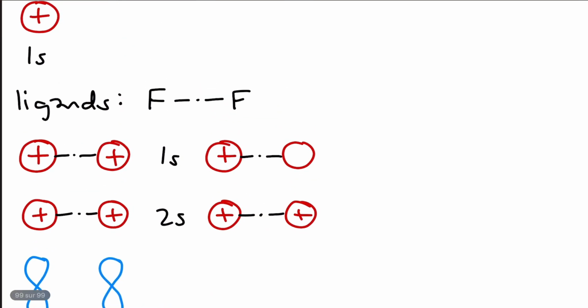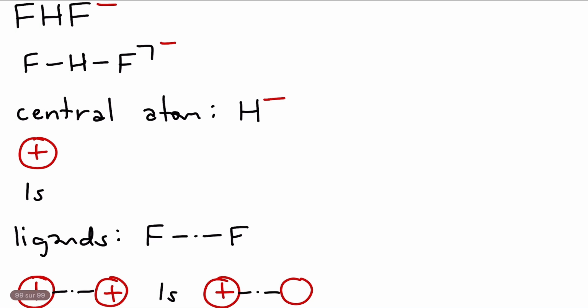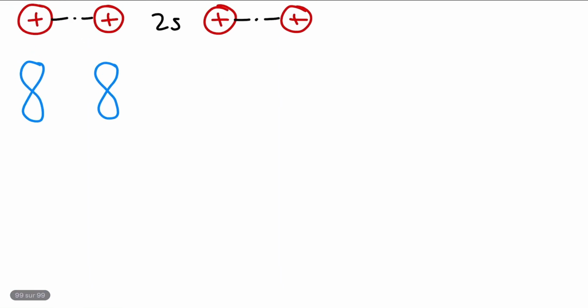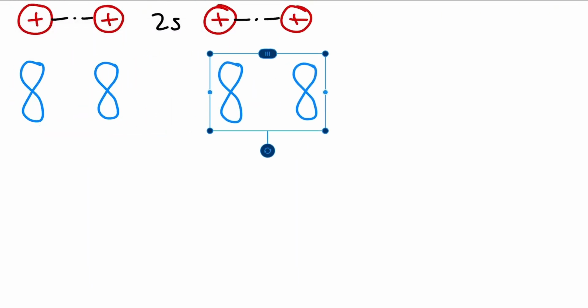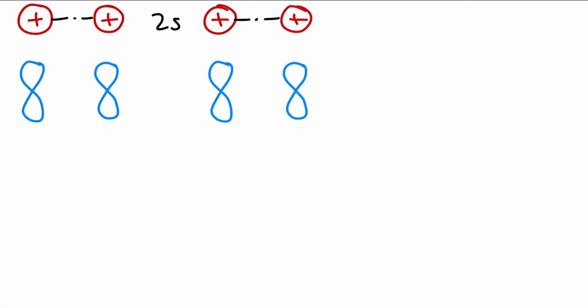So I will also need to assign the axes. So let's say that the bond axis is the z-axis, and this will be the x and y. So this will be the py. I'm just gonna copy. So this will be a 2py, and this one will be in phase, this one will be out of phase.